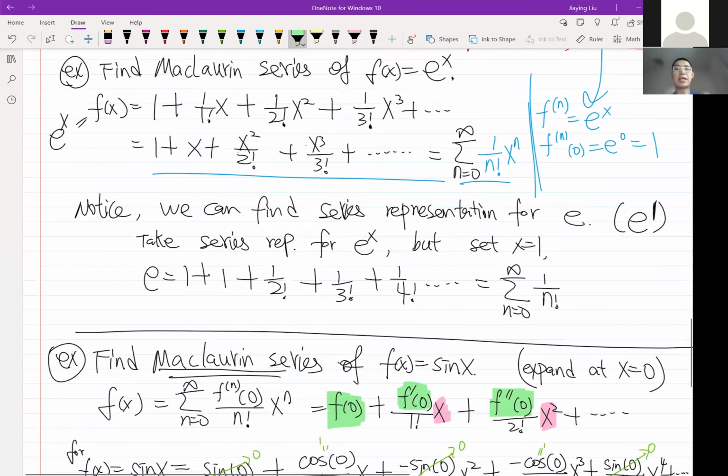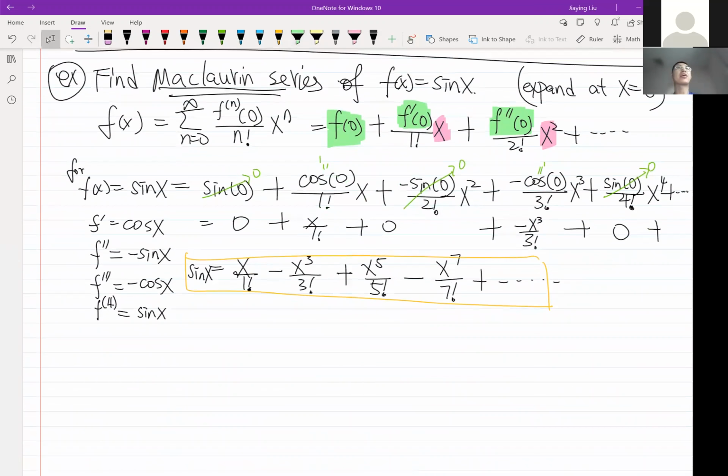And if you have a complicated function, you have to be very careful when you find the derivative. The process is: know what the general formula looks like, find the derivative, plug in the specific x value, find out the coefficient, and then put it into the formula. Any questions on this?